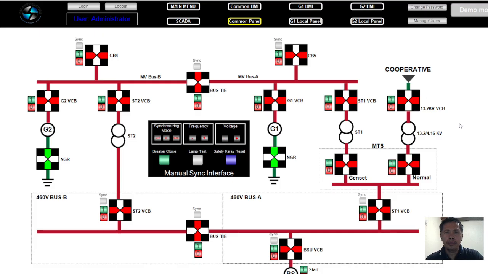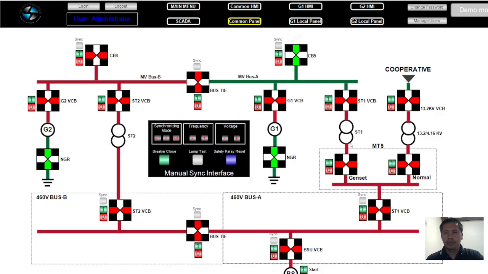So now I will continue. We will close this. As you can observe, when we close this breaker, these lines are turning green. This means these lines are already live.